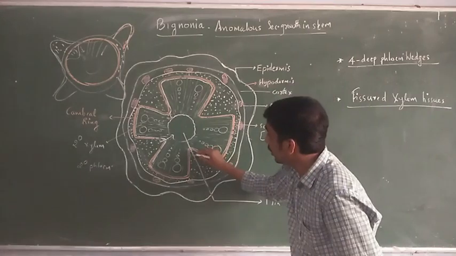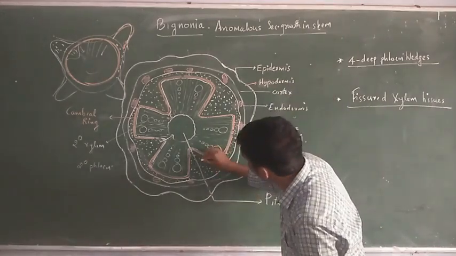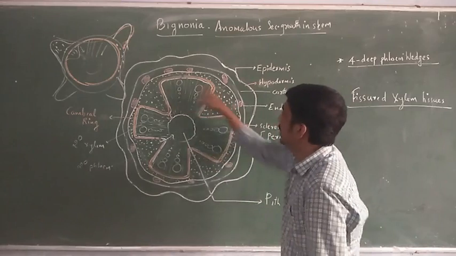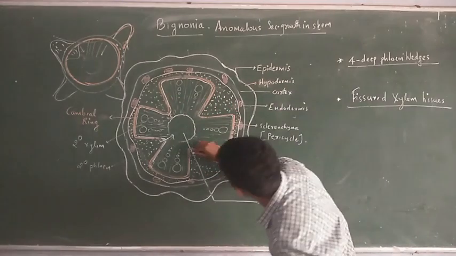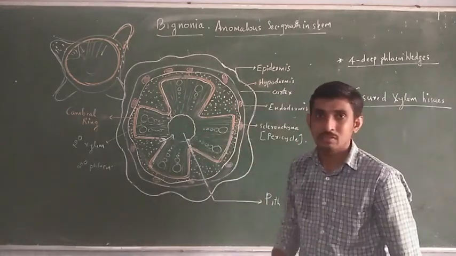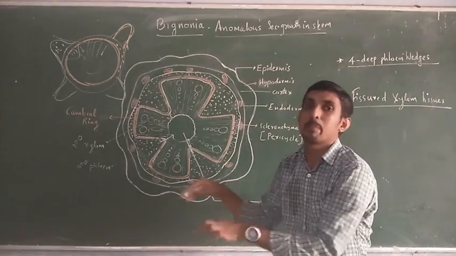So what will happen? If this growth continues, these phloem wedges present at 4 different places will move towards the pith region and gradually meet at the pith region.